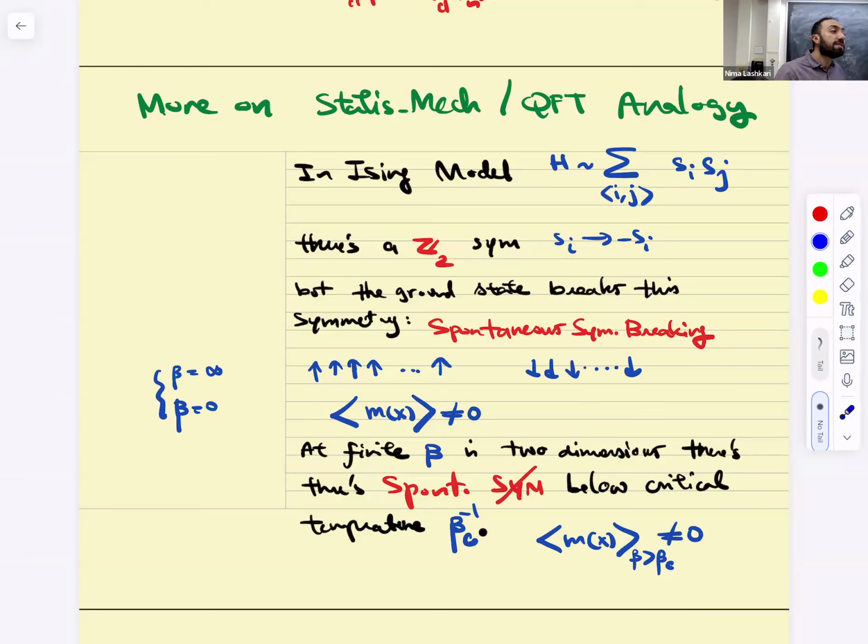In higher dimensions, in 2D, if you take the Ising model, there's a phase transition. There's a critical temperature, a critical beta, and below that critical temperature there's spontaneous symmetry breaking and there's magnetization. Right? Which tells you that quantum field theory might have similar setups.